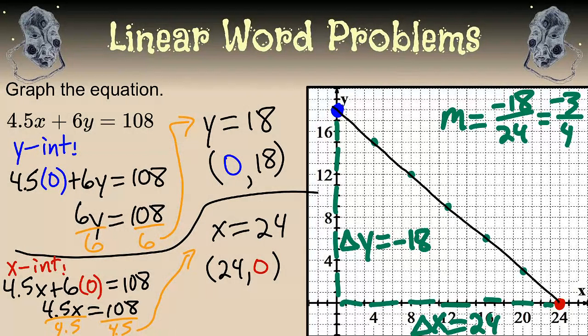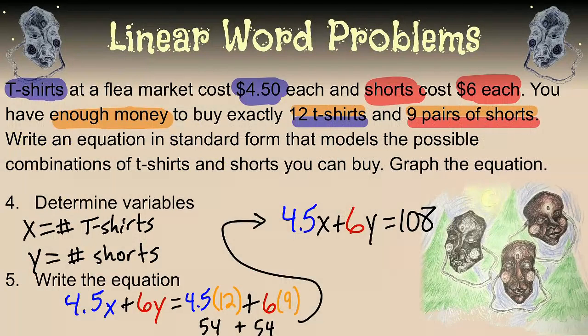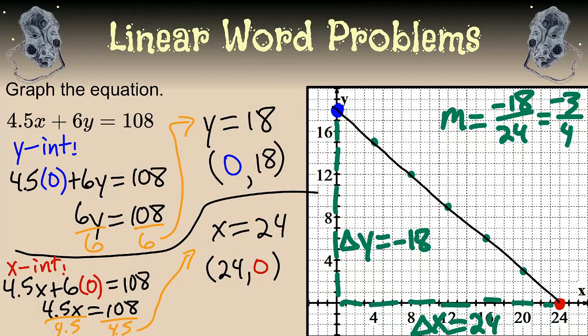All right. So the possible, let's see, our x was the number of t-shirts and our y was the number of shorts. So this point right up here, the blue point, represents 18 shirts, 0 shorts. And down here, the red point, that represents 0 shirts and 24 shorts.